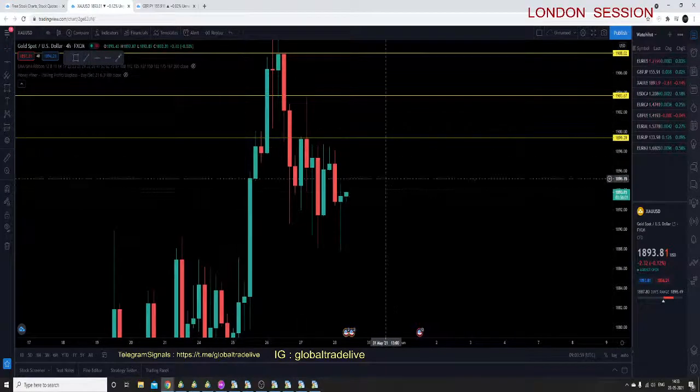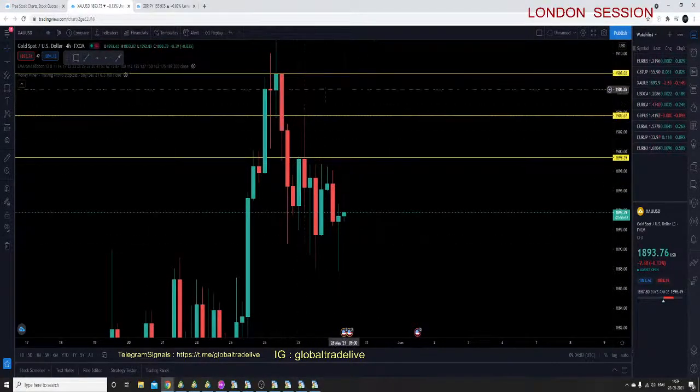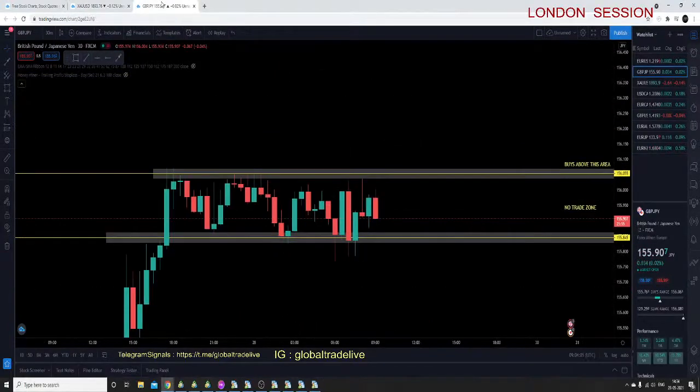And you will see today when gold starts to move up, it will be filling all these wicks. So we will just try to grab a trade at that point.